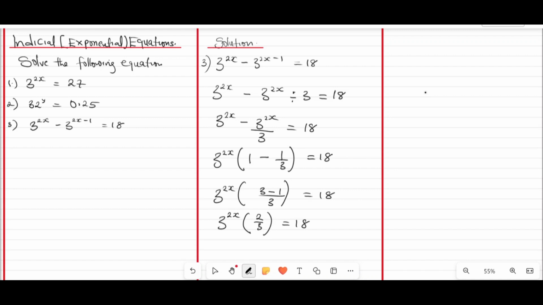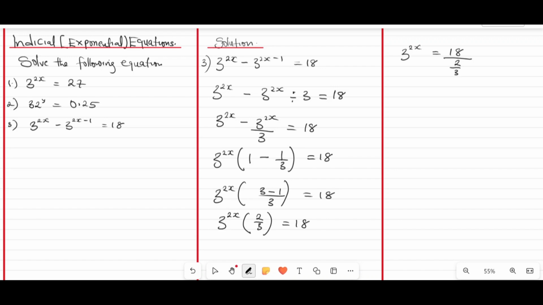to 18. So we can divide the equation through by 2 divided by 3. So we have 3 raised to the power 2x equal to 18 divided by 2 divided by 3.